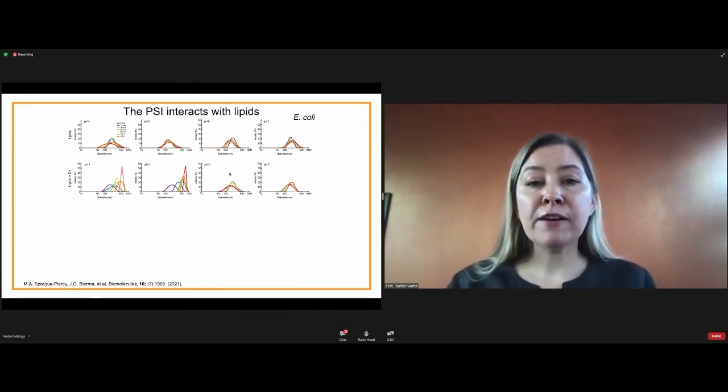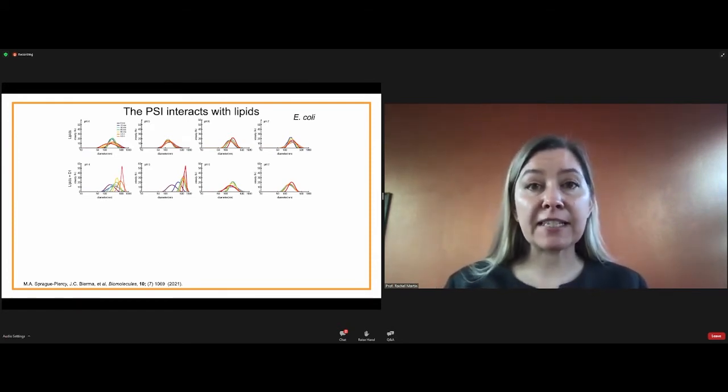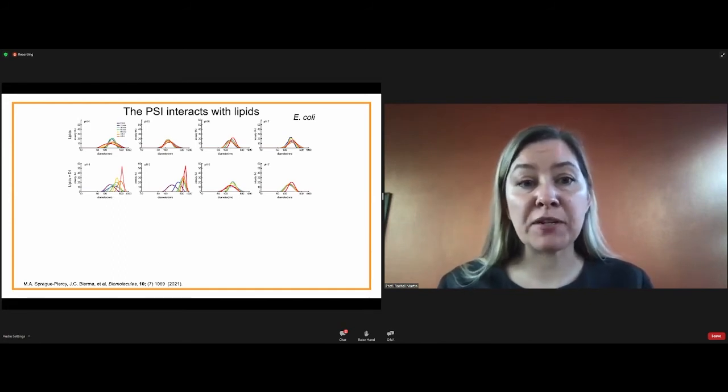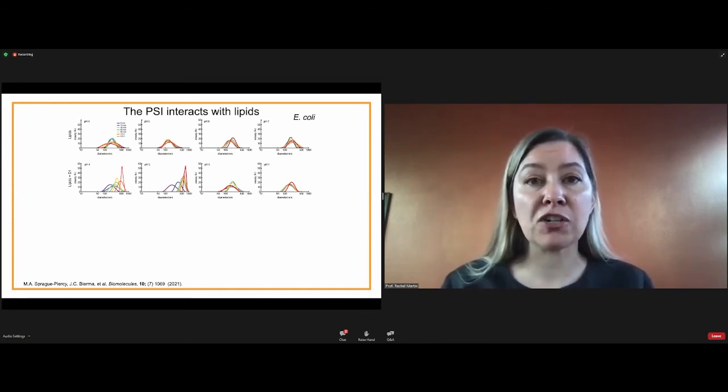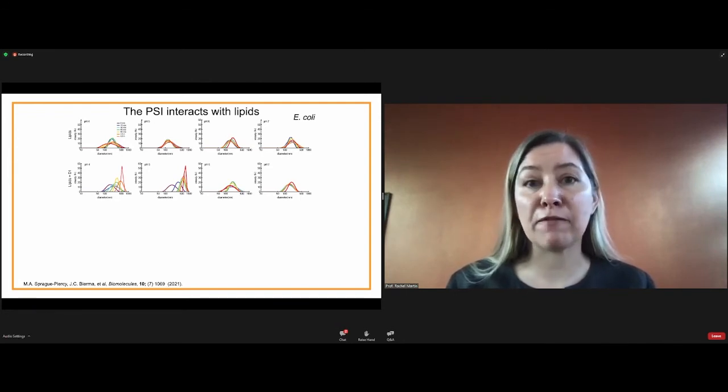So above pH 5, nothing happens. But at pH 4 and 5, we start to see this really dramatic shift in the size of the vesicles. They get a lot bigger. And so that indicates that the membrane is getting disrupted. We're assembling these really large vesicles due to the presence of the PSI. And this is interesting because the pH of the digestive mucilage of the plant is about 5.